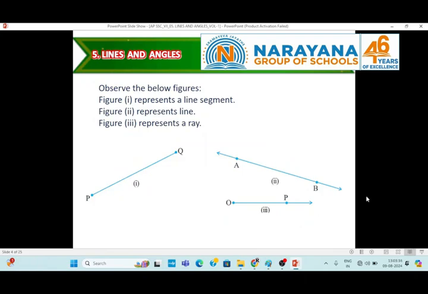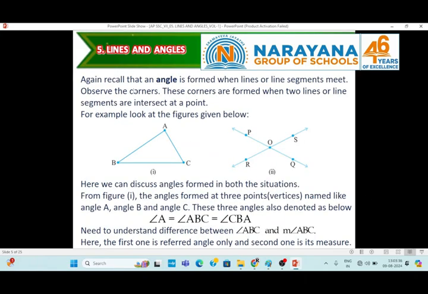Next slide. Again, recall that an angle is formed when lines or line segments meet at endpoints or at points other than endpoints also. In figure 1, three line segments are meeting at their endpoints. But in figure 2, lines PQ and RS are meeting at point O, not at endpoints.